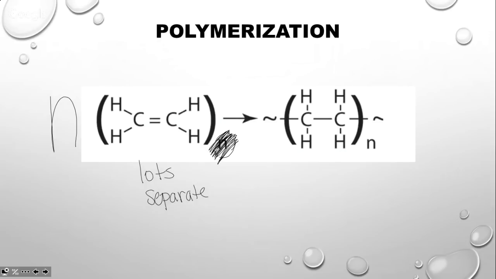The coefficient in front means that they are not connected, and when they are bonded or connected, we have this subscript. So the subscript means that they are connected, and we are going to take many small pieces and put them together in polymerization.